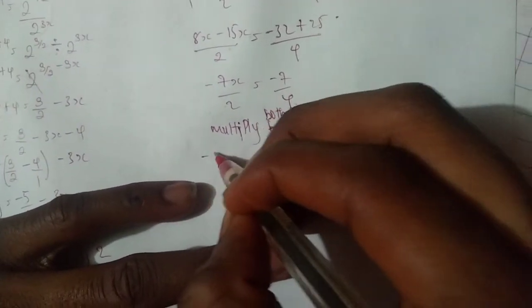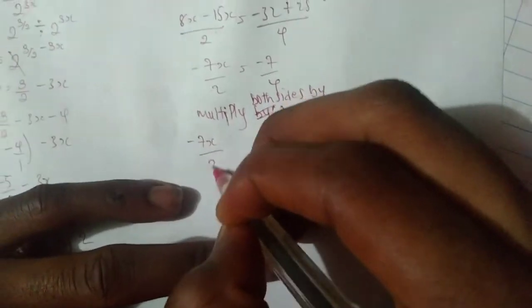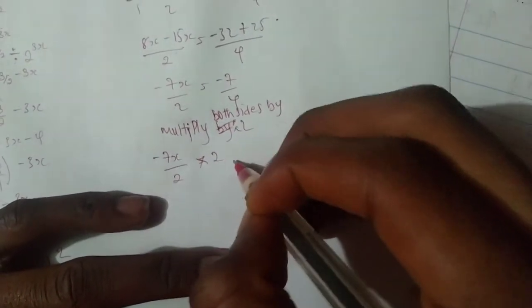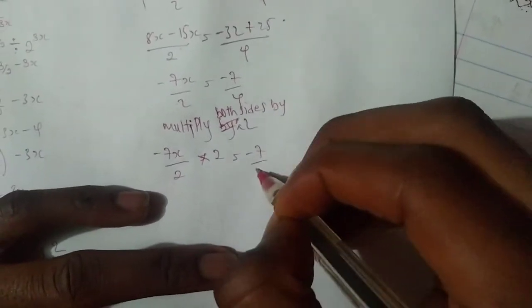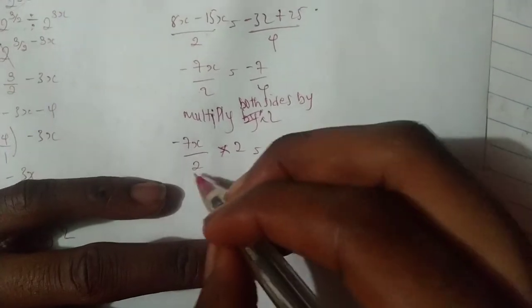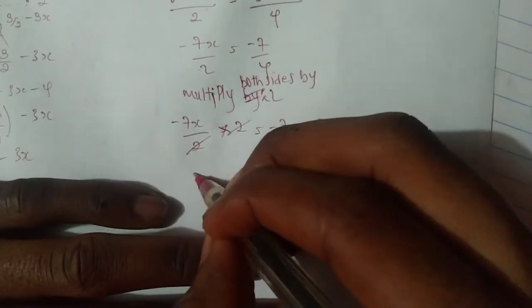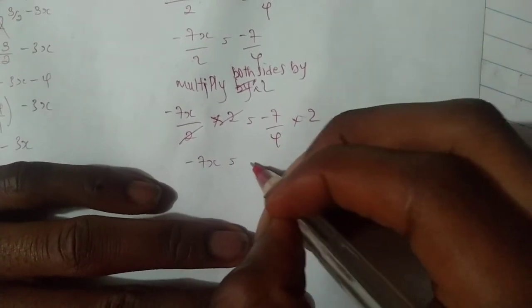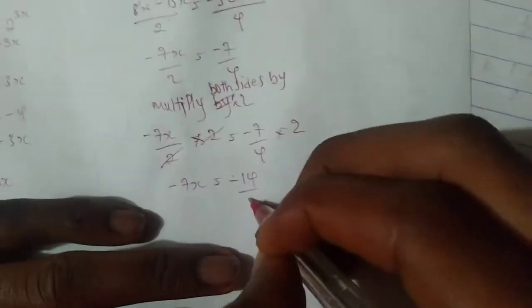We have minus 7x all over 2 times 2 is equals to minus 7 all over 4 times 2. So we have minus 7x is equals to 2 times minus 7 is minus 14 all over 4.